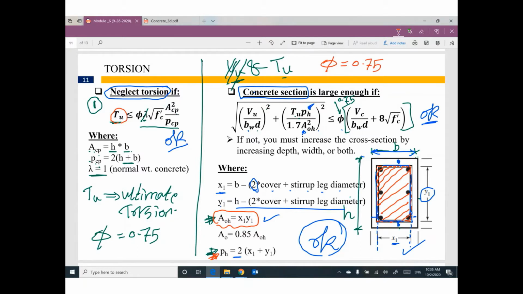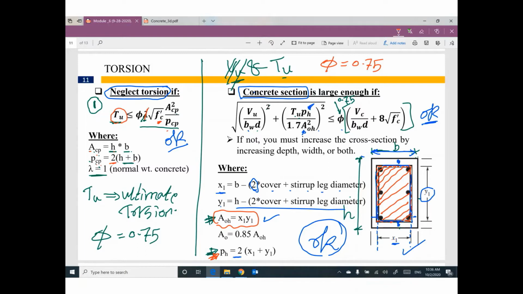And f prime c is the compressive strength of concrete, area Acp is the area of the whole cross section, and Pcp is the perimeter of the whole cross section. So Acp equals b times h, and Pcp equals (h plus b) times 2, which is the perimeter. Lambda in this expression is 1 all the time because we are talking about normal weight concrete.